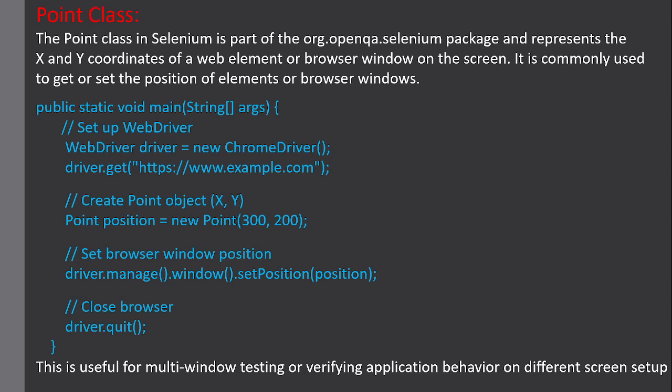And after that, we can close the browser by using driver.quit. This is useful for multi-window testing or verifying application behavior on different screen setups. So this is all about the Point class. Let's move to the next topic.